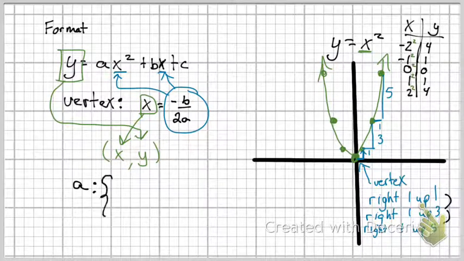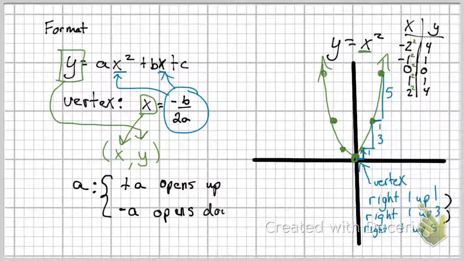If a is positive, then our graph will open up. If a is negative, however, that means our graph will open down. So how that's going to affect these little instructions is, instead of going up, we will just go down on each one. So we're going to go over just a couple of very quick examples so we can see how this is going to be set up.